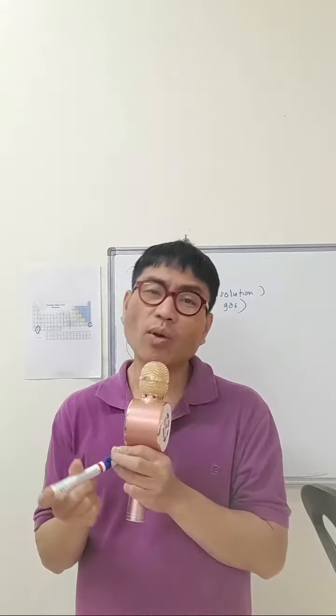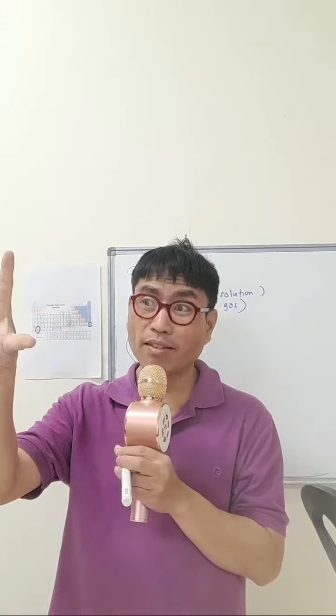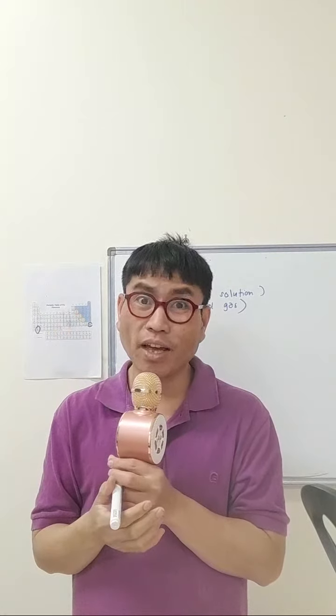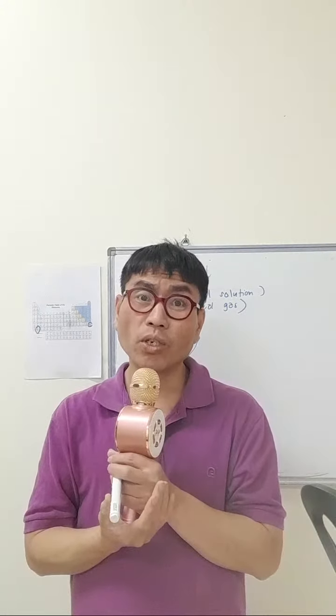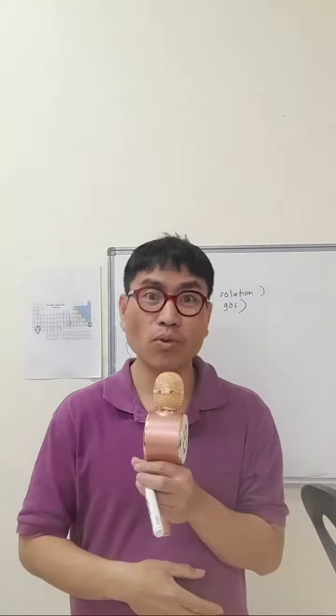Okay? Sometimes we don't do that because it's very clear in the problem that it's behaving as an ideal gas, by stating STP, standard temperature and pressure, or by mentioning the word ideal. You don't have to compute for Z because that is obvious.